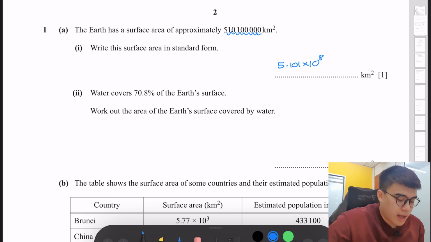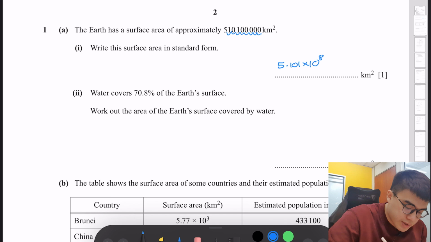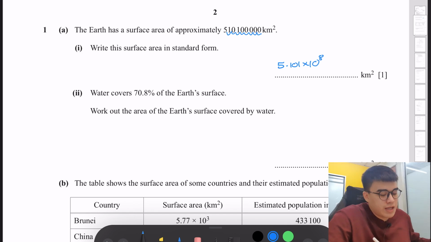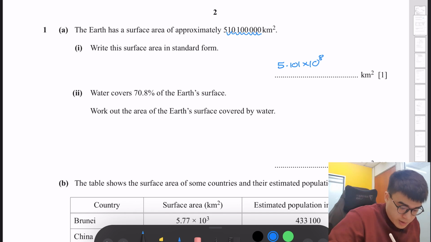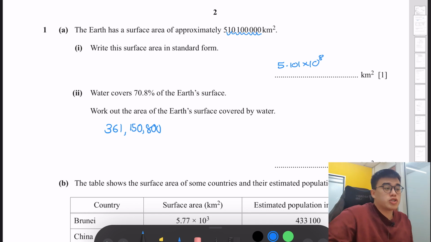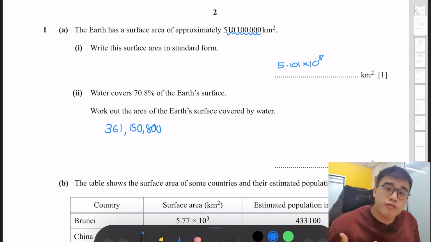Now 70.8% of the Earth's surface, so you take this result times 70.8%, which will result in 361,150,800. They didn't mention whether you have to convert it into standard form, so you can just leave the answer as this.